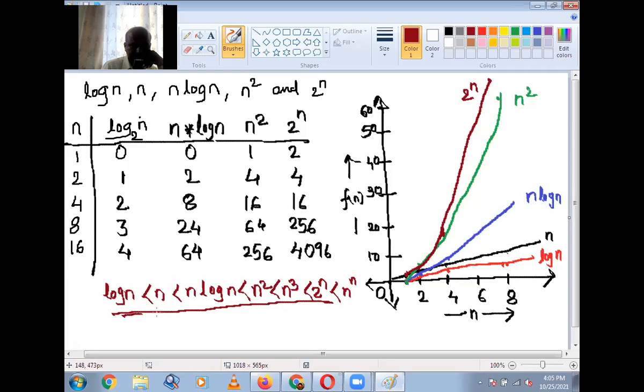Are you getting? From the graph, we can write the general function, that is f of n is equal to. Are you getting?